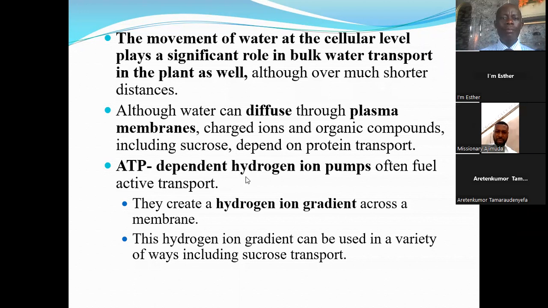Then ATP-dependent hydrogen ion pumps are also responsible for the active transport of water. They create a hydrogen ion gradient across a membrane. Now, this hydrogen ion gradient can be used in a variety of ways, including sucrose transport.